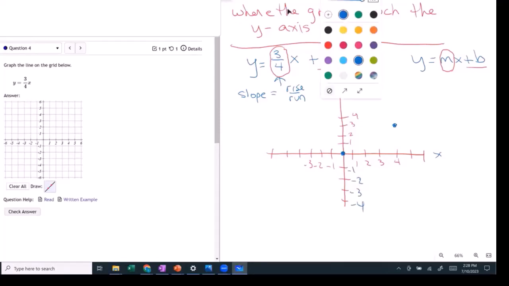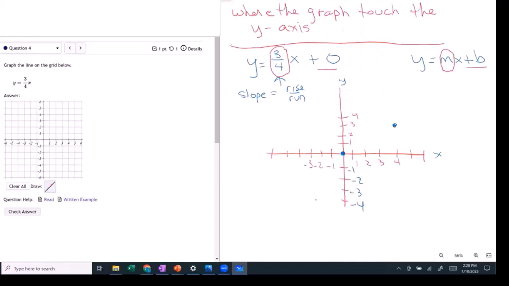I could also go down 3 and to the left 4. Because -3 over -4 is still equal to 3/4. Both of those will work. You don't need both, but they'll both work. And then all I need to do is connect my dots.